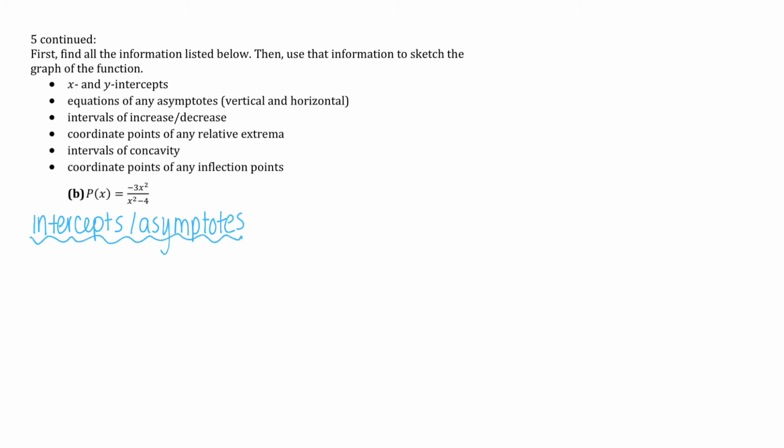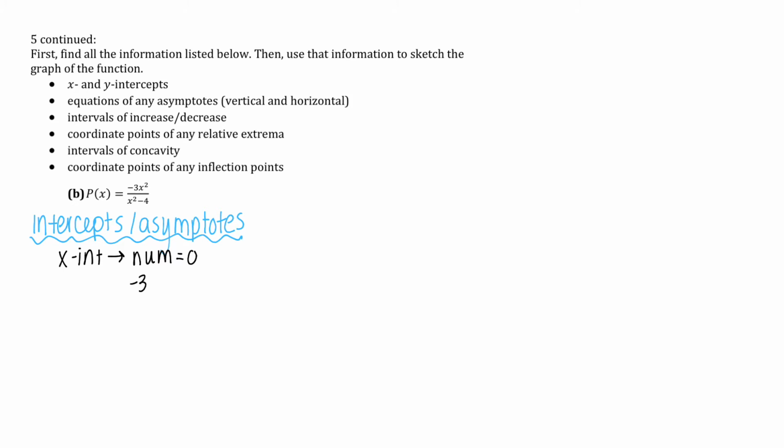When you're looking at a rational function, the x-intercept is going to be when the numerator equals 0, because you can't have an intercept where the denominator equals 0. You would only have an intercept if the numerator equals 0.